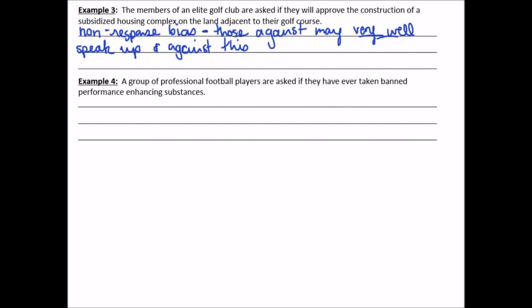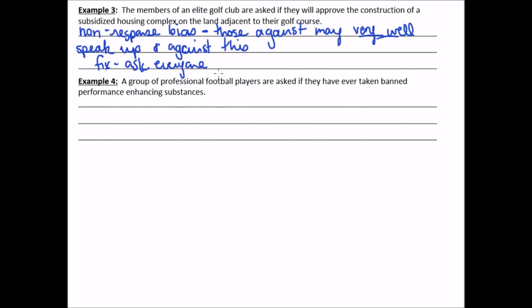And then it's going to have a bias in there. Okay, so to fix this, either call and ask everyone, like taking a vote, or ask every 5th person that comes in and get them to fill out a yes or a no.